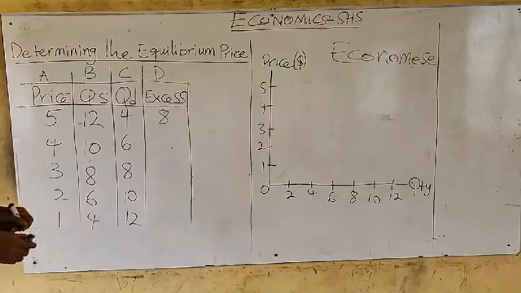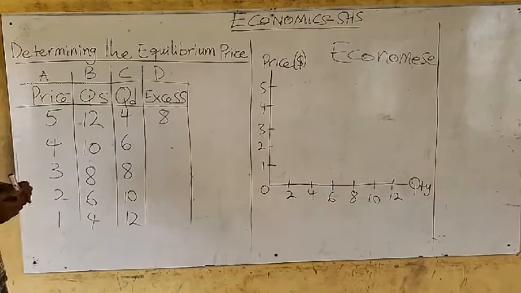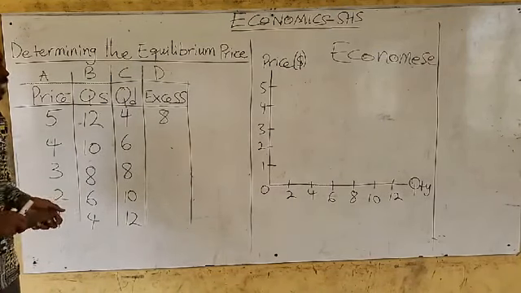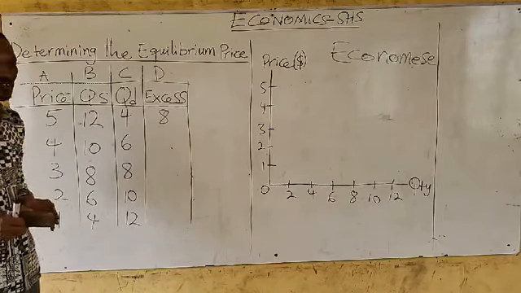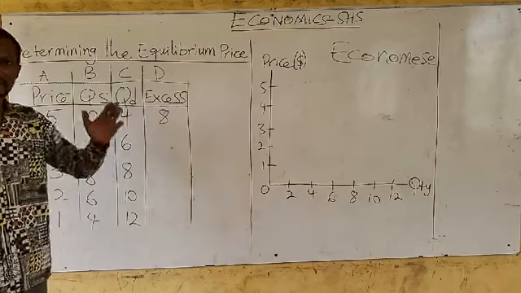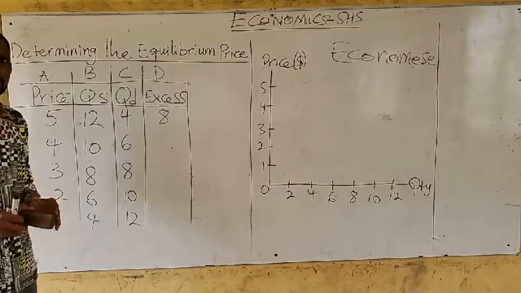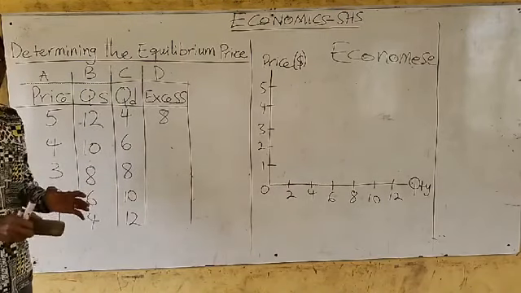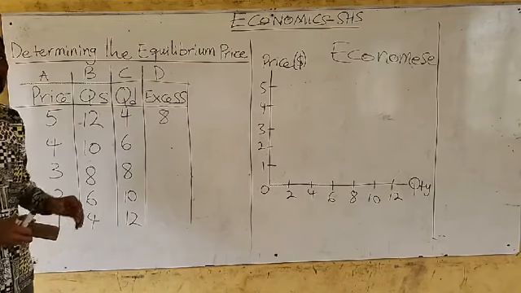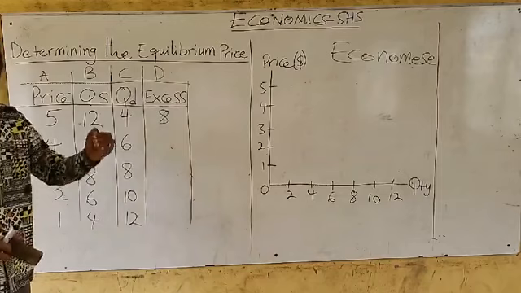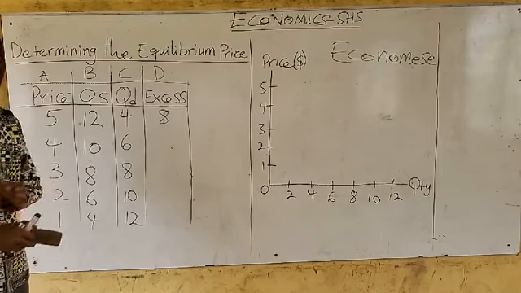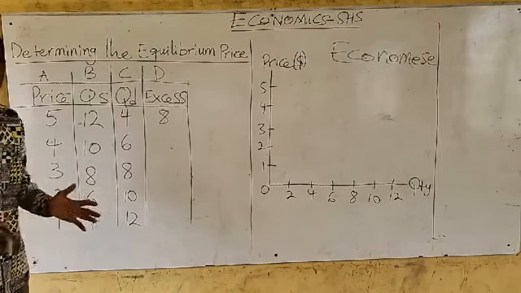Then you will notice that anytime there is excess commodity on the market, in our real life situation, what you call a surplus of the commodity, the sellers are forced to reduce the price. Because if you don't reduce the price, the product will go bad.